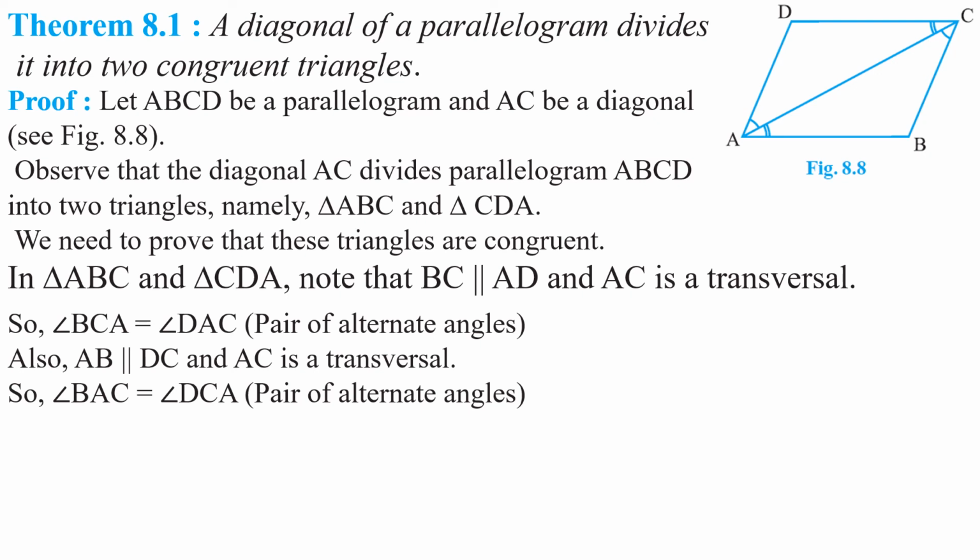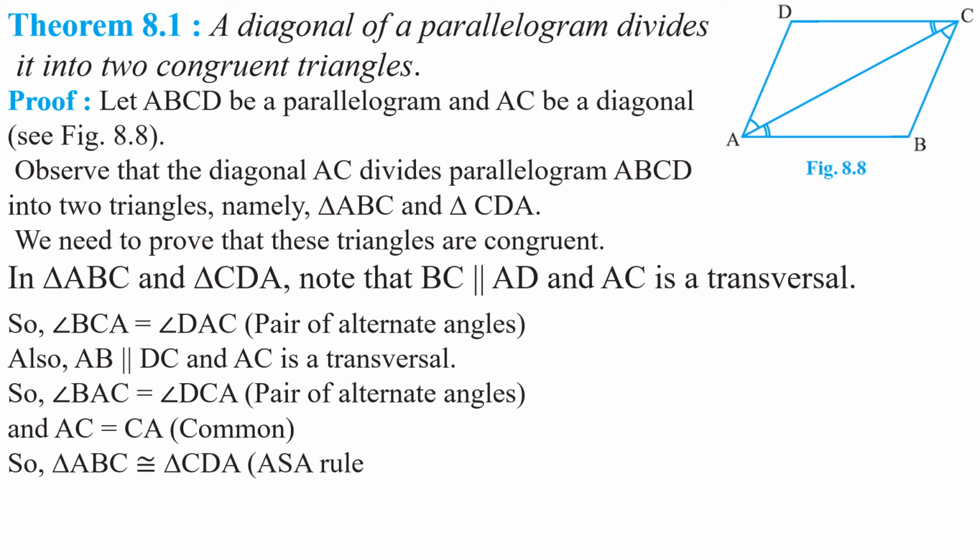We have used the alternate angles property. Okay, my children. Right. Now AC is equal to AC. It is a common side in these two triangles. So by the ASA congruency rule, we can say that triangle ABC is congruent to triangle CDA.